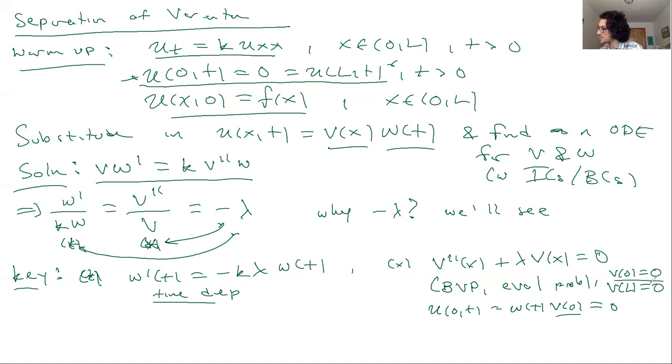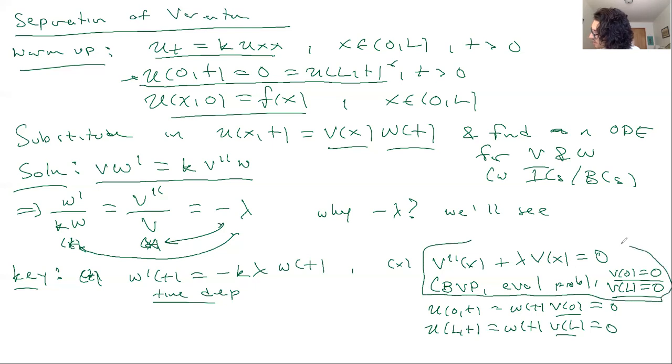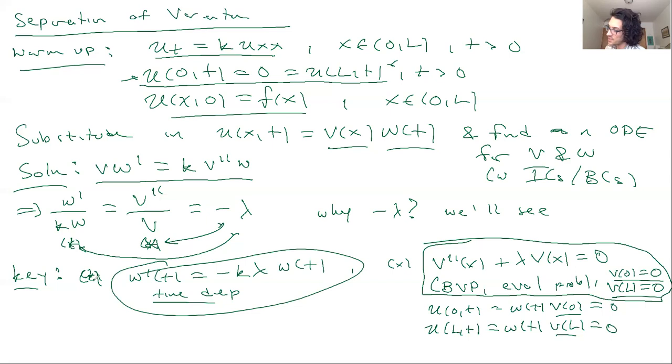So that's where I get this. u of L, t equals W of t, V of L equals 0. So either V of L equals 0 or W of t equals 0, which would be a trivial solution. So I get V of L equals 0, okay? So now this is my boundary value problem, and this is my time-dependent problem here, okay?